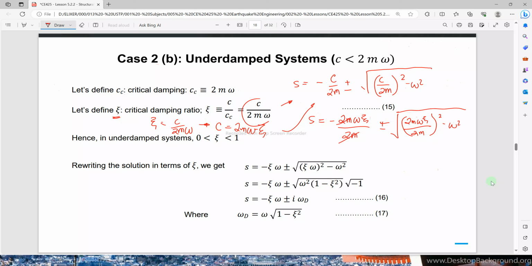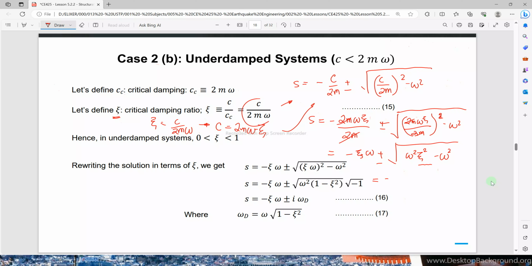So the 2m cancels. We are left with negative xi omega plus or minus the square root of omega squared xi squared minus omega squared. We distribute the power of 2, then inside we just factor that.